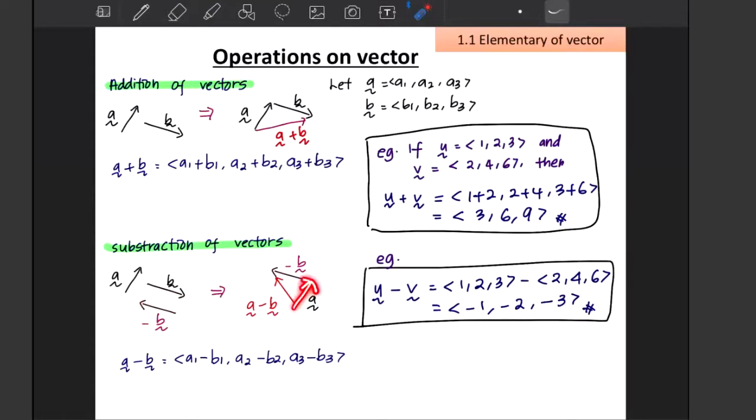This one is the vector a minus b. To calculate a minus b, just subtract the same components: 1 minus 2 is negative 1, negative 2, and negative 3.